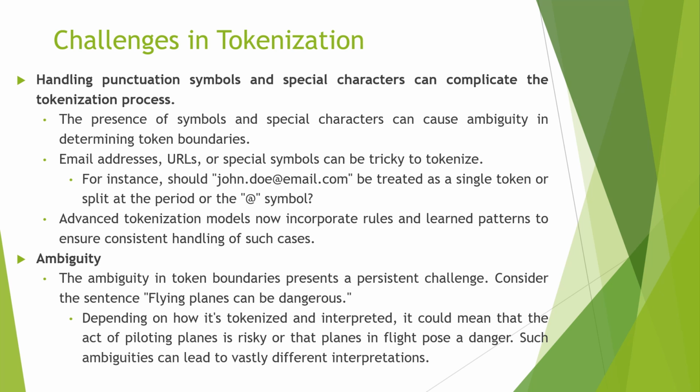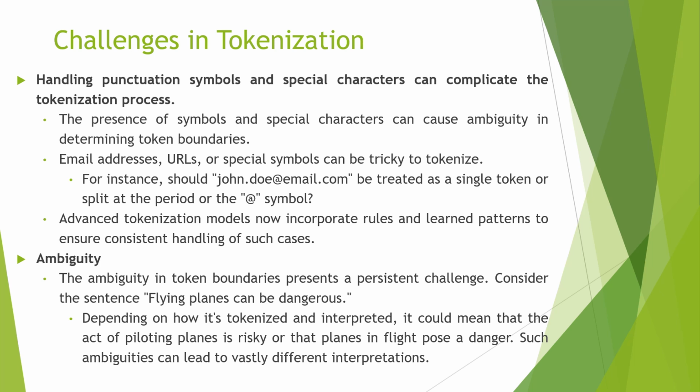And also there may be ambiguity in the process due to proper word boundary, for example, in the sentence, "flying planes can be dangerous" is a given sentence. So if you split this into tokens in different ways, it generates smaller individual units.